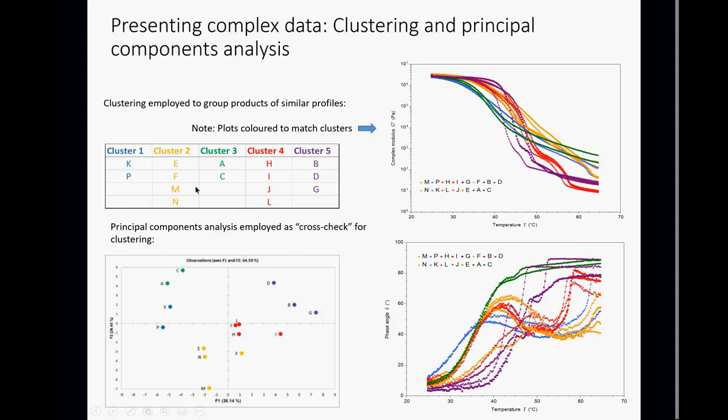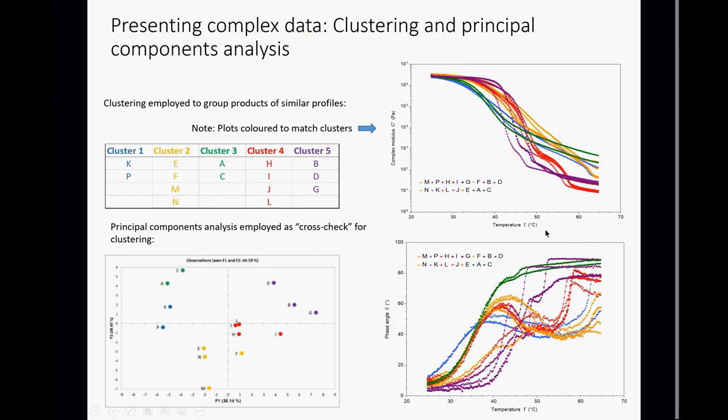We've taken the clusters delivered by the machine learning algorithm and colored those data points according to those clusters in the PCA plot, the principal components analysis plot. We can see a pretty good agreement between those. We use these as a cross-check, and you can see that we're getting pretty decent recognition of the patterns and similarities here.